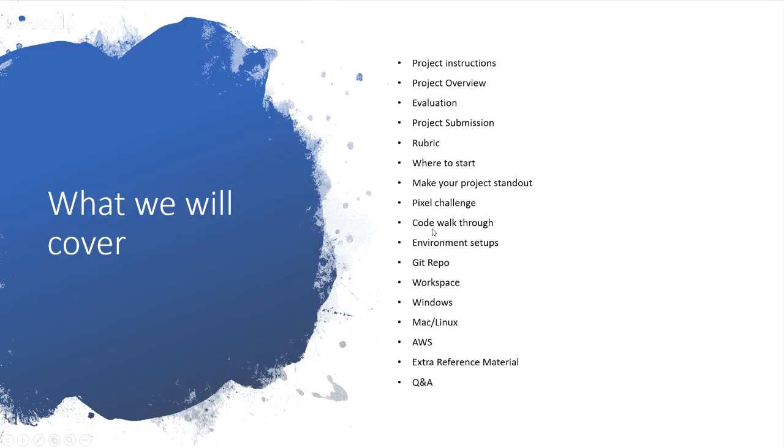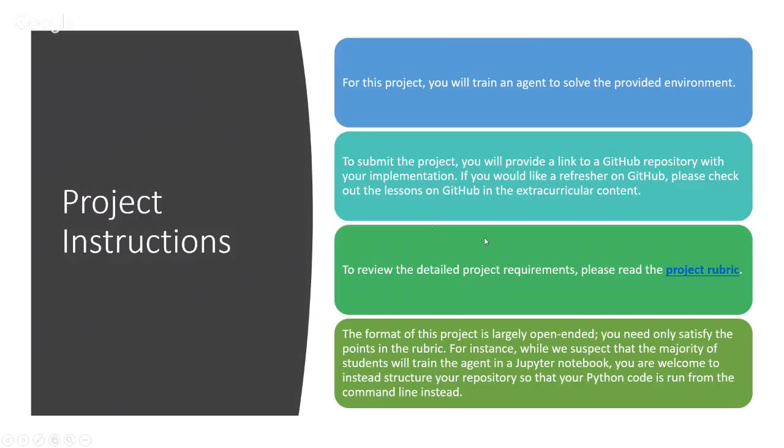So, first, the project instructions. What do you need to do? Well, basically, this project is an accumulation of what you've learned in the value-based methods and the previous introduction, and you'll be trying to train an agent to solve a provided environment.